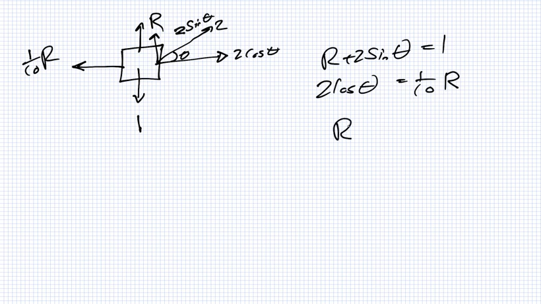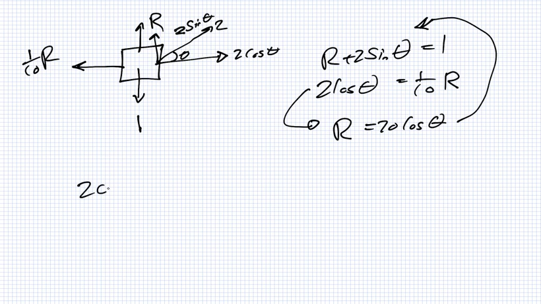So R must equal 20 cos theta, and I can put that in here, and I get 20 cos theta plus 2 sine theta must equal 1. Now this is a little bit tricky to solve. I didn't realize it would be this tricky, so I wonder if there's some other way I can be looking at it.